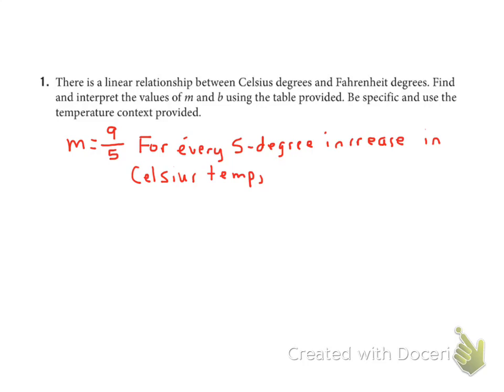So for every 5-degree increase in Celsius temperature, what happens? There's a 9-degree increase in Fahrenheit temperature. Exactly. There's a 9-degree increase in Fahrenheit temperatures.